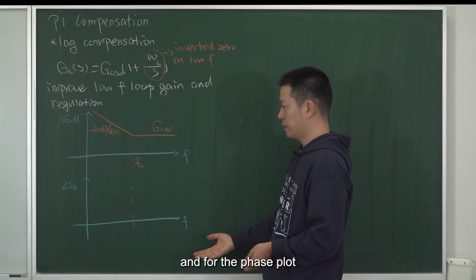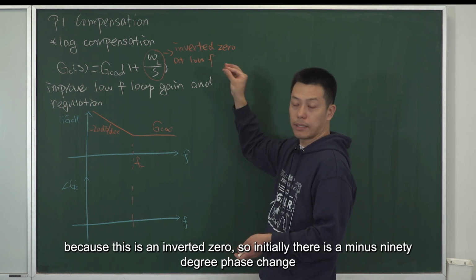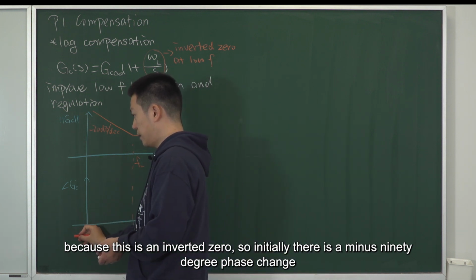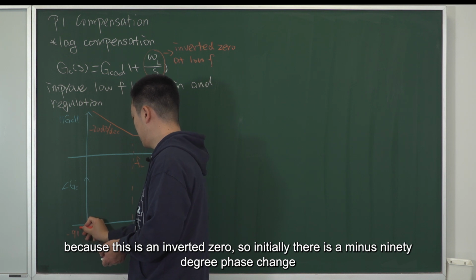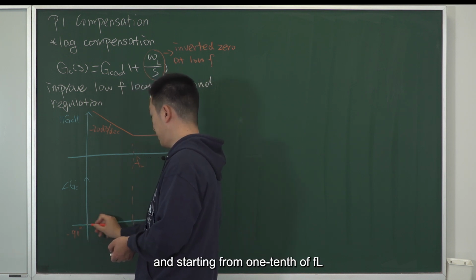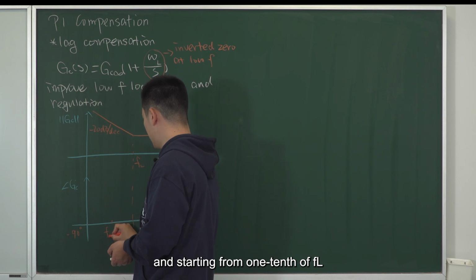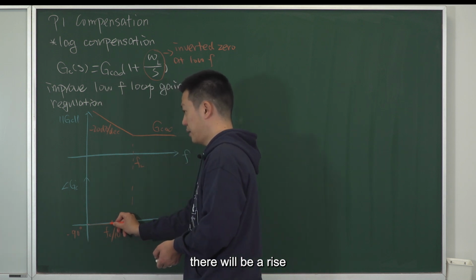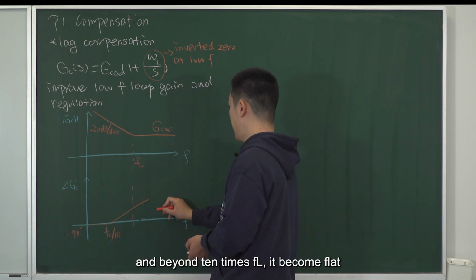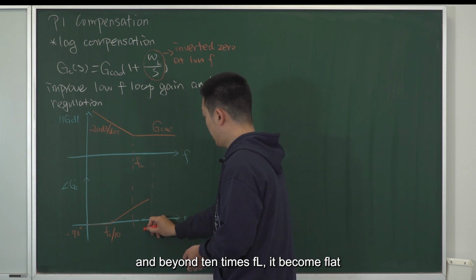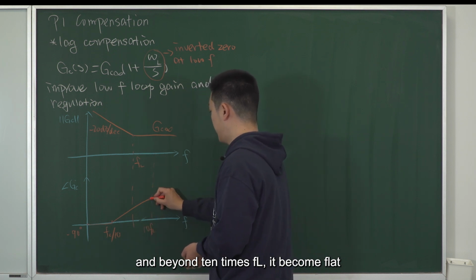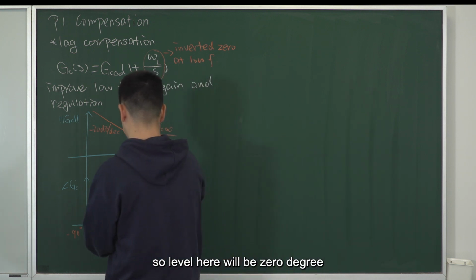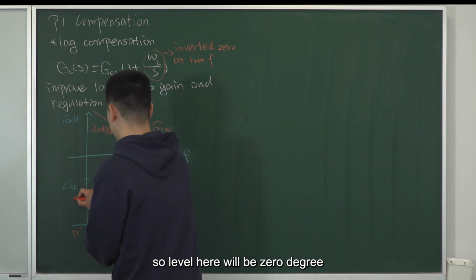And for the phase plot, because this is an inverted zero, initially there is a minus 90 degree phase change. Starting from 1/10 of FL, there will be a rise, and beyond 10 times FL, it becomes flat, and the level here will be 0 degree.